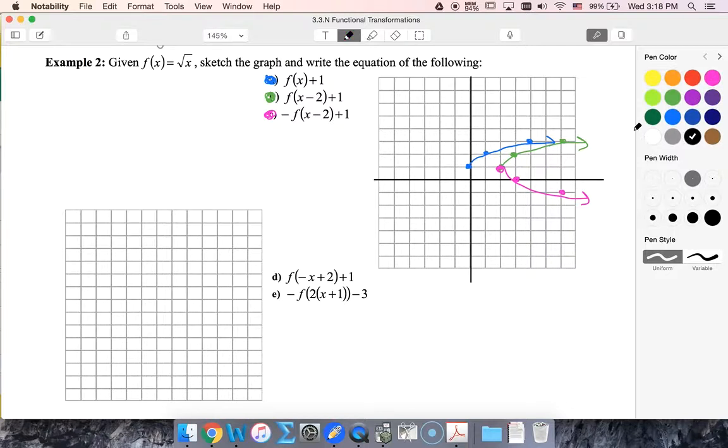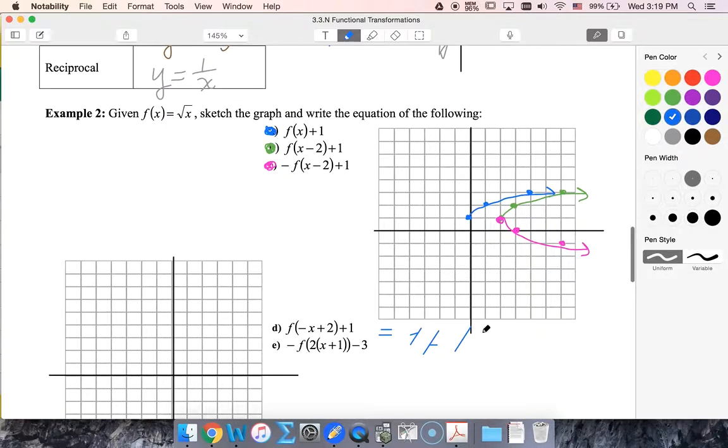All right, let's look at these transformations. So I'm going to add in some axes. Now for D, I can't keep it in this form. I need to actually shift this to say f of negative x minus 2 plus 1.